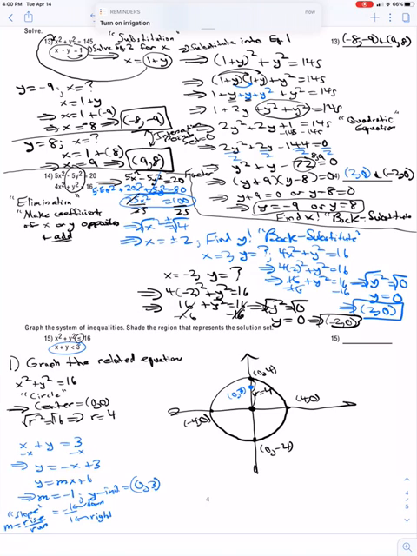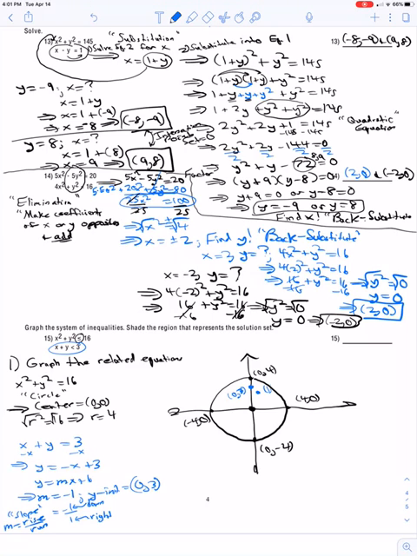Now to find another point, I'm going to use the slope. Let's erase this so we can get a better picture. With a slope of -1, I go down 1 unit, that'd be at (0, 2), and I go right 1, that'll be at the ordered pair (1, 2).